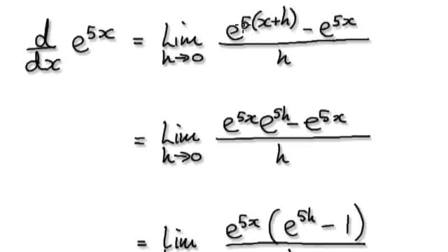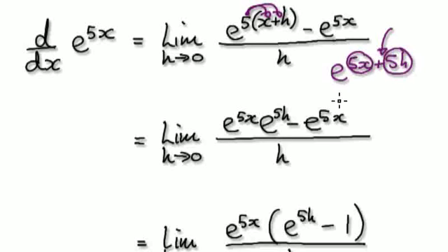If you multiply this out, it will then give you e to the power of 5x plus 5h. Whenever you have a plus somewhere in the exponent, you can think of that as e to the power of 5x times e to the power of 5h.